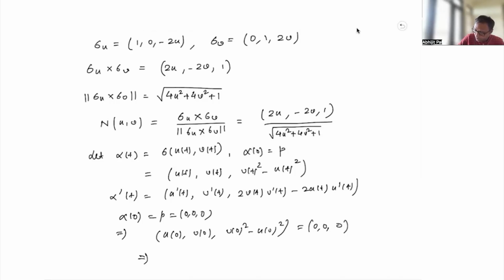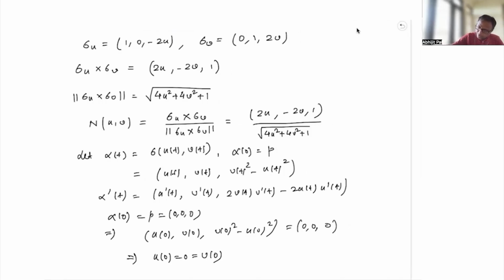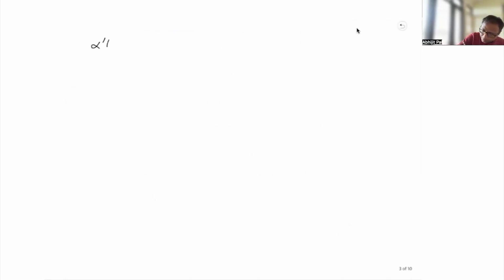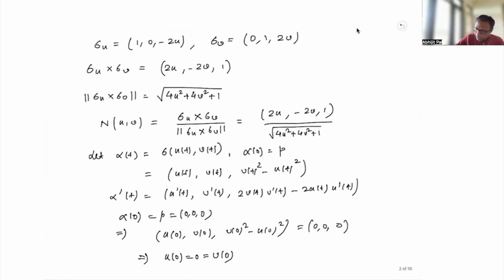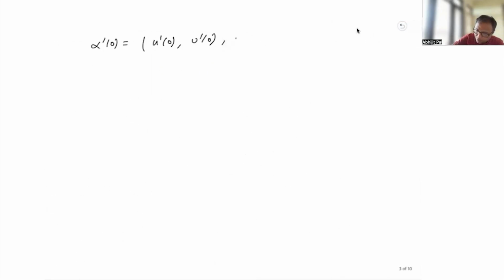So in particular, u(0) is equal to 0 and v(0) is also equal to 0. So now this alpha prime 0 will be equal to (u prime 0, v prime 0, ...), and since v(0) is equal to 0 and u(0) is equal to 0, the third coordinate of alpha prime 0 will be equal to 0.